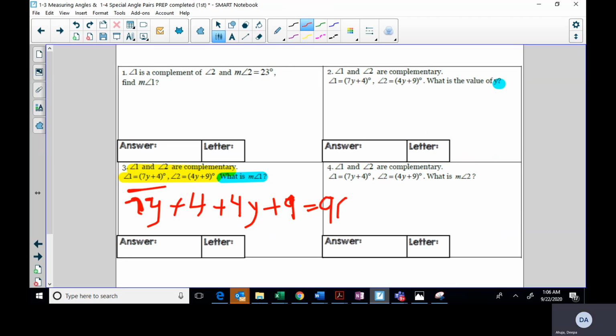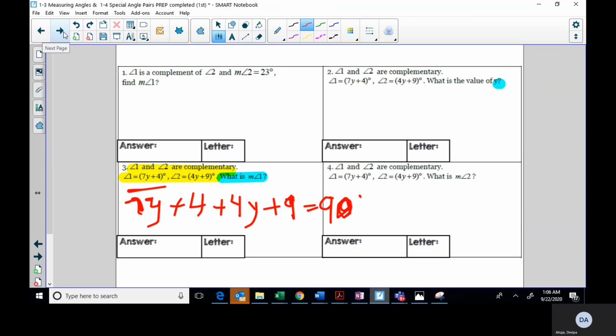You can solve the equation here, solve for y and then put the value in. This is 90 degrees. Remember that complementary means 90 degrees.